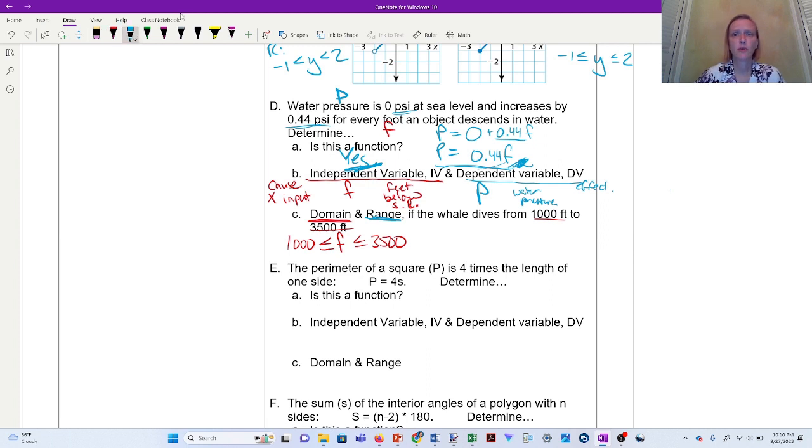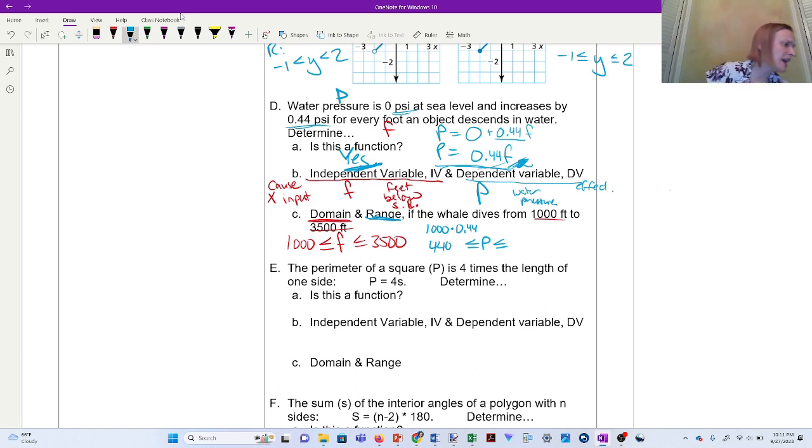Of course, if we plug in that range of values, we will get pressure values. On the low end, we can use our equation, 0.44 times the feet below sea level. So on this side, I've got 1,000 times 0.44, and that's going to give me 440.